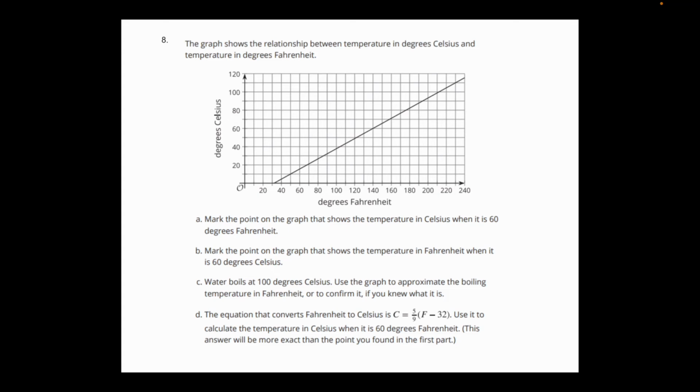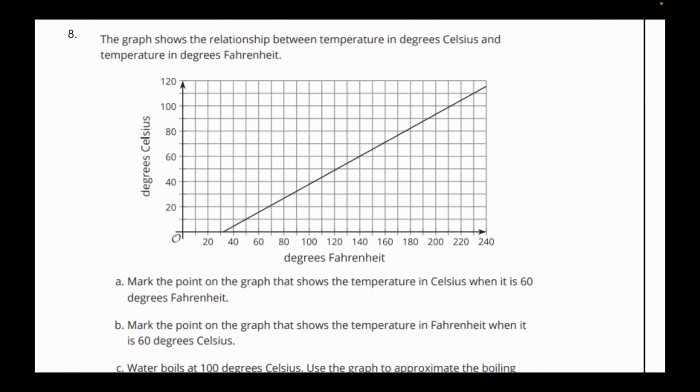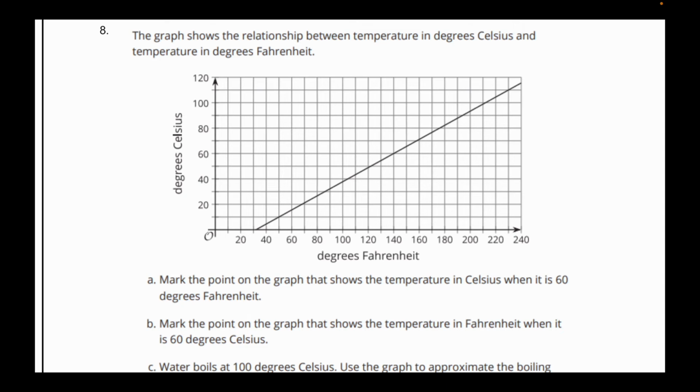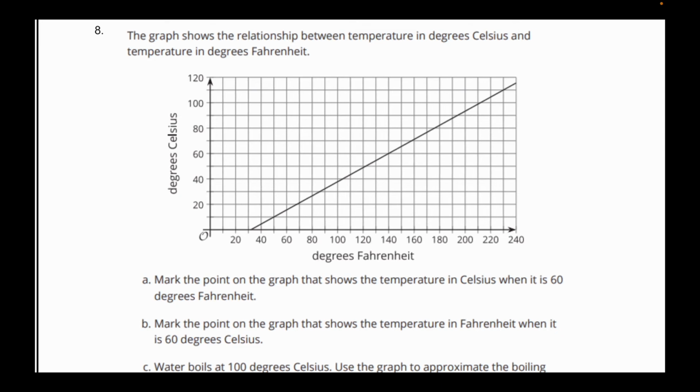This graph shows a relationship between temperature in degrees Celsius and temperature in Fahrenheit. So we want to mark the point on the graph that shows temperature in Celsius when it is 60 degrees Fahrenheit. That's our first task from part A. So we are going to find degrees Fahrenheit, that is on my horizontal axis.